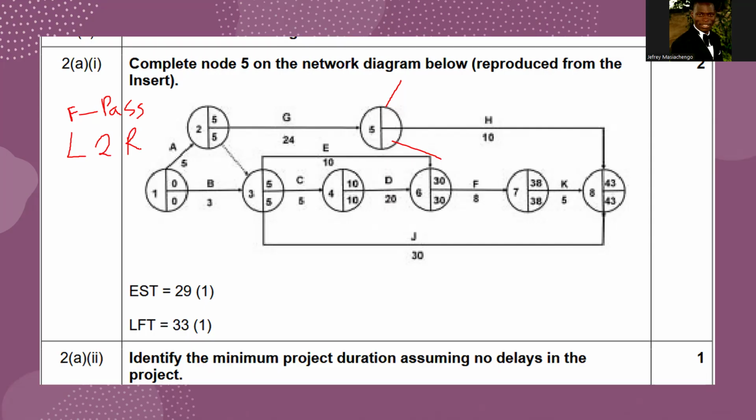All right, so in this case, from left to right is a forward pass. So what we are going to do, you take the EST, we call it EST.